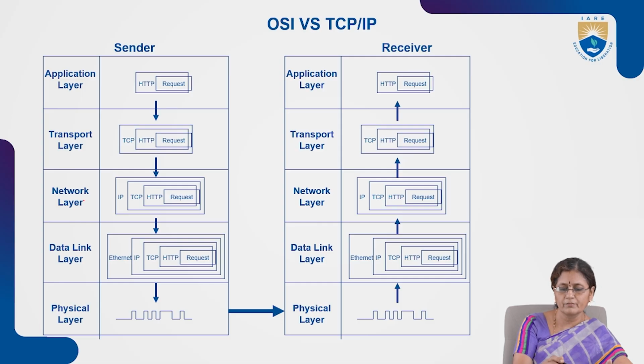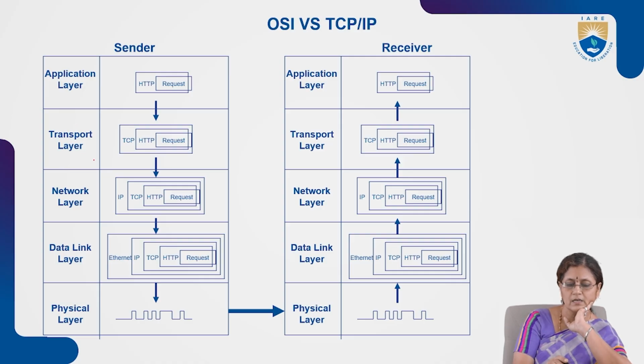If you compare the TCP/IP protocol suite with the OSI, here the session layer and the presentation layer are merged and treated as a single layer, the transport layer. The final one is the application layer. So this is a 5-layer approach.